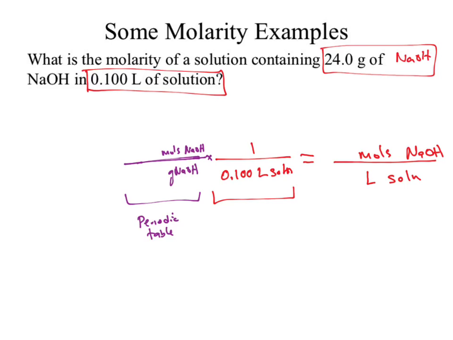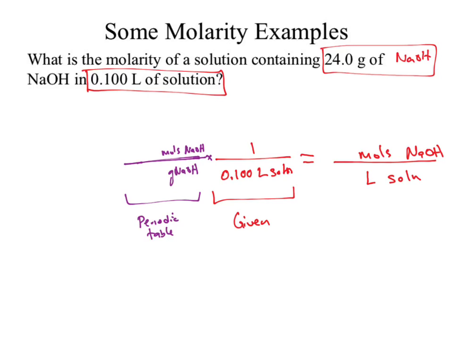Where did the 0.1 liters come from? The equation. That was given information. I have a conversion factor between grams and moles. I'm not using the 24 grams of sodium hydroxide because I'm relating moles to grams. Where do I find that conversion?